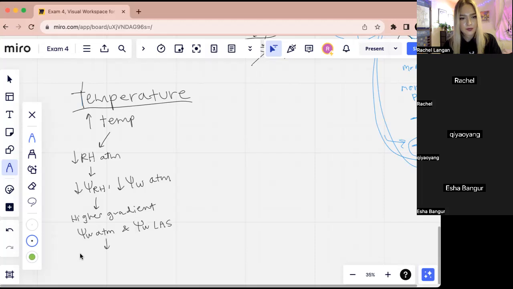So higher transpiration. And then more negative pressure.